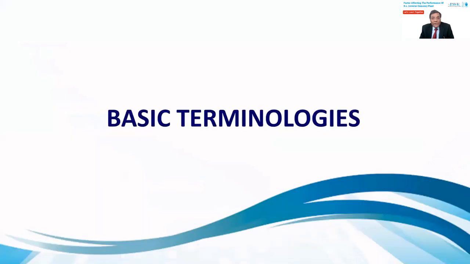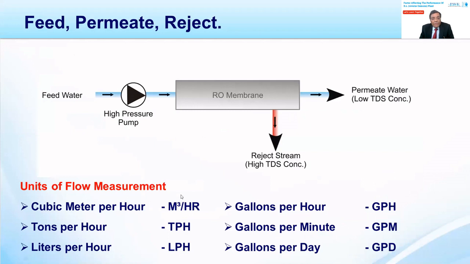Basic terminologies which are used in our plant system. Basically, we have a feed water line. By high pressure pump, we feed the water to the membrane, and we have two outcoming streams. One is permeate, which is of low TDS, and the other is reject, which is of high TDS.